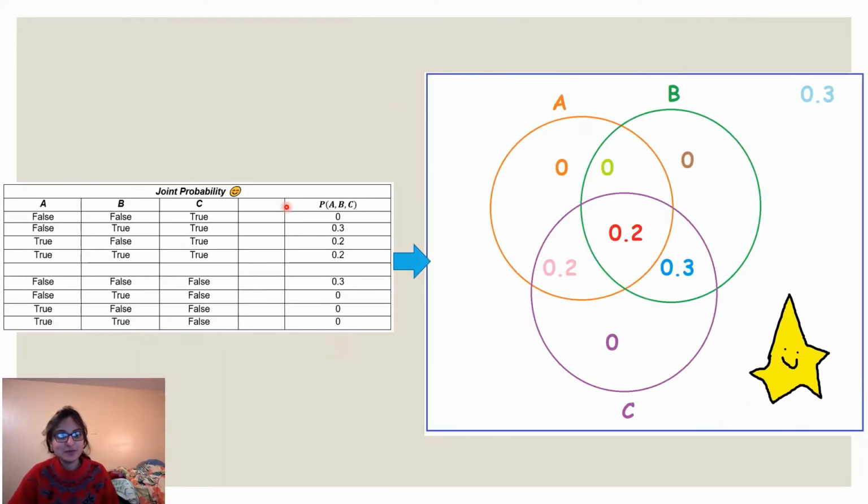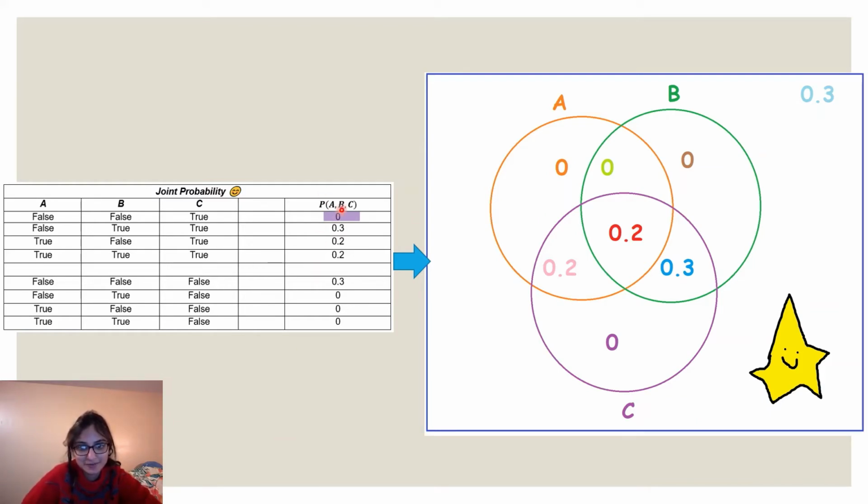From this joint probability table, we can represent this as follows. If A is false and B is false and C is true, then this is 0. What this is saying is C only, which is this part. So this part is just the 0 here. That's what this is saying.